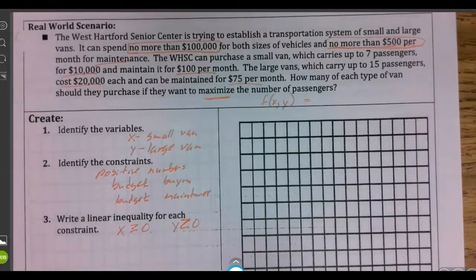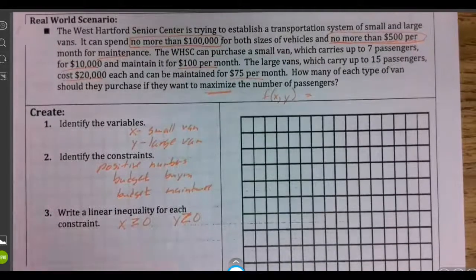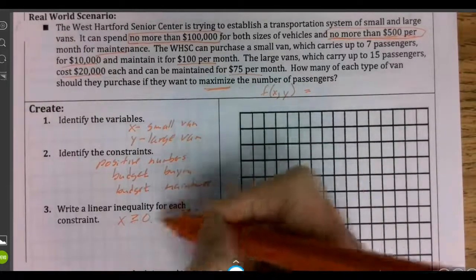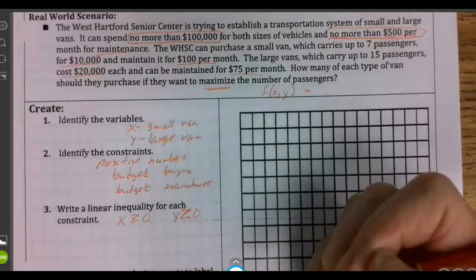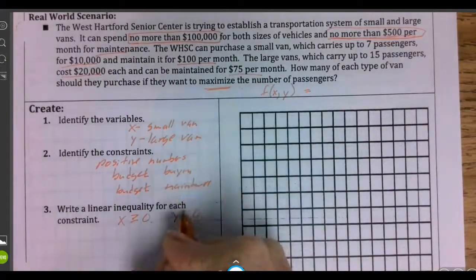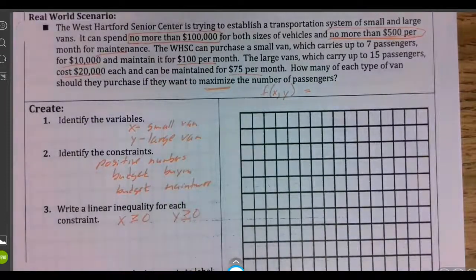We talked about that in inequalities as far as where those quadrants would be. So that's the two obvious ones. Pretty much in every linear programming problem, you're going to have those two constraints, and we'll end up in the first quadrant.